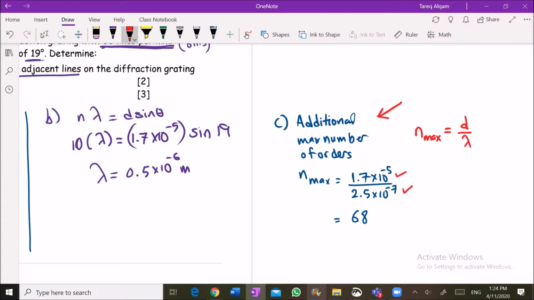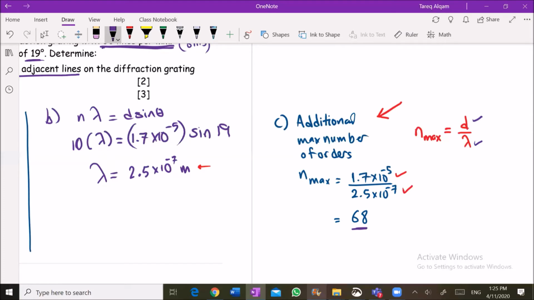Why did 0.5 come out? Here it came out 2.5. Is that right? I calculated it in the previous class, I think. Anyway, it's just a matter of calculation. Guys, if I divide d over lambda like this, I will get around 68. I have to round it down. Even if I got 68.9, I have to consider it as 68.